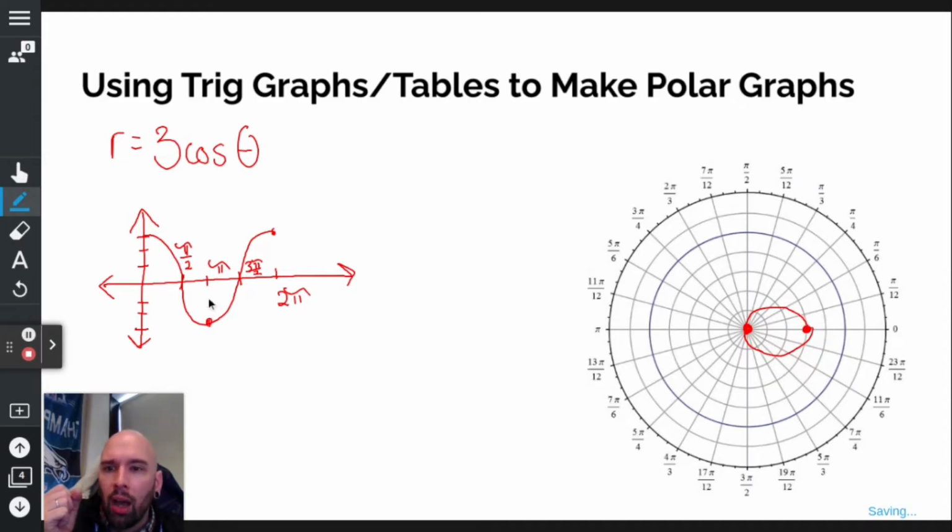And then as I go from pi to 3 pi over 2, it's the negatives, so I'm creating that circle. And as I go from 3 pi over 2, I'm hitting pi again. So this should be a little bit more circular. Let me clean this up a little bit. This should be a lot more circular.